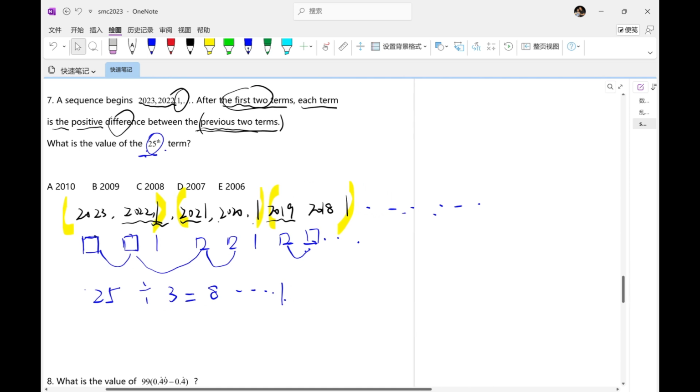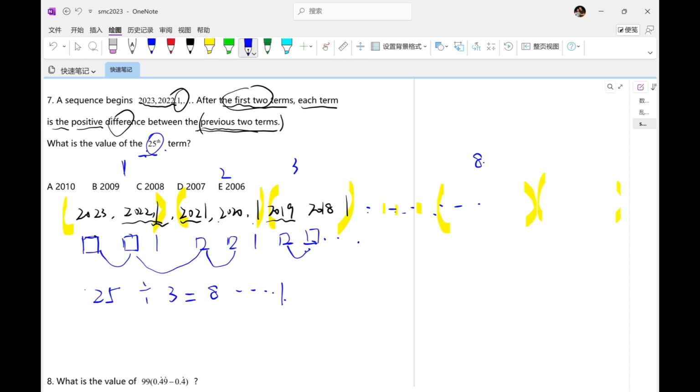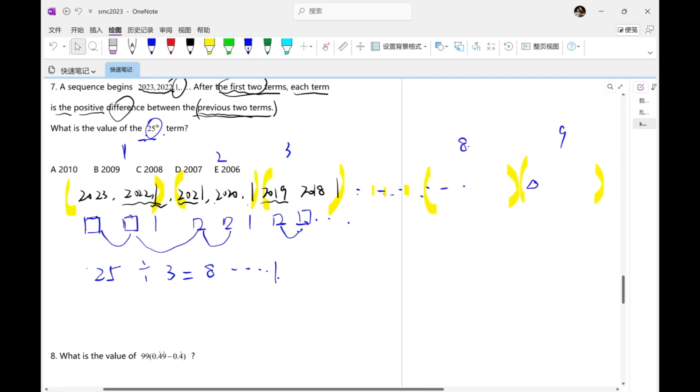So it is in group 9, the first term of group 9.